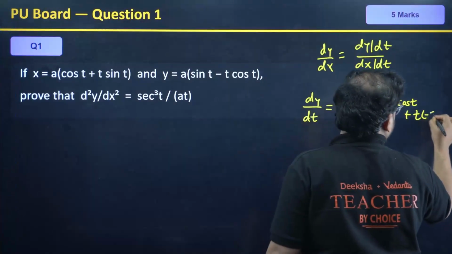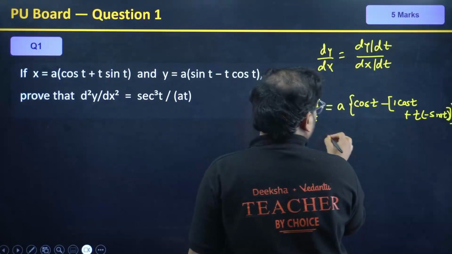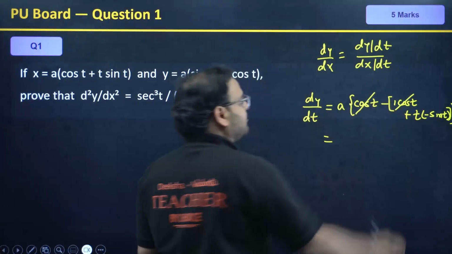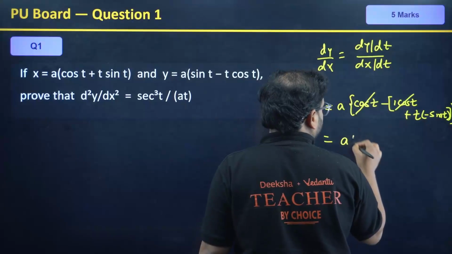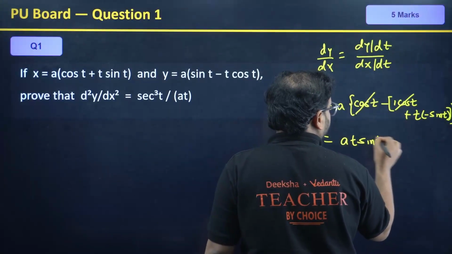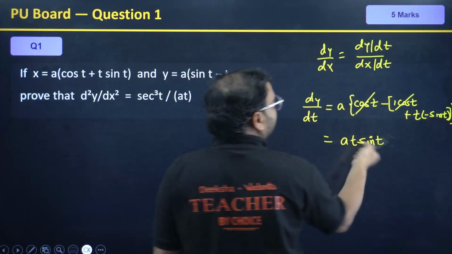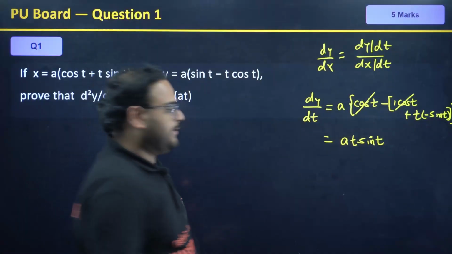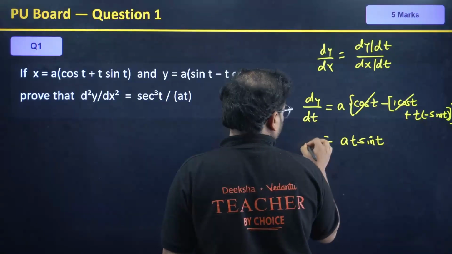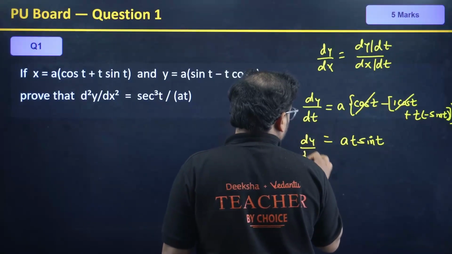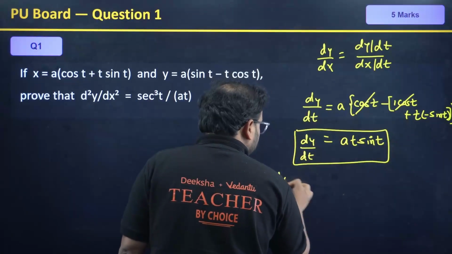So we'll write here minus sin t. Cross check now. You'll have over here this cos and this cos cancelled. Plus and minus is cancelled. And we'll have over here minus and minus becomes plus. So you'll have a t sin t. What is this? Check here. This is minus sign, right? Over here minus sign, it becomes plus a t sin t. Did I miss something? No, right? This is dy by dt.